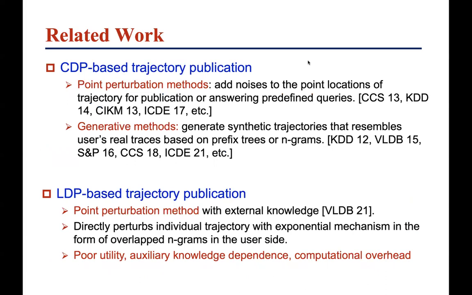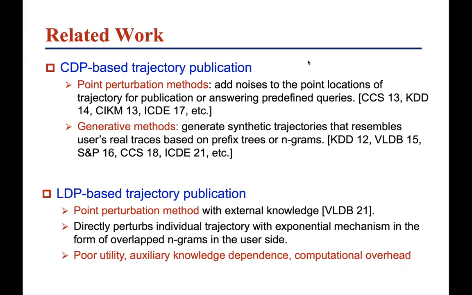Trajectory publication under centralized differential privacy has been extensively studied for several years. Generally speaking, there are two kinds of methods to publish privacy-preserving trajectory data. The first is perturbation-based methods, which add noise to each location and use those perturbed points to construct new trajectories or answer spatial-based queries.